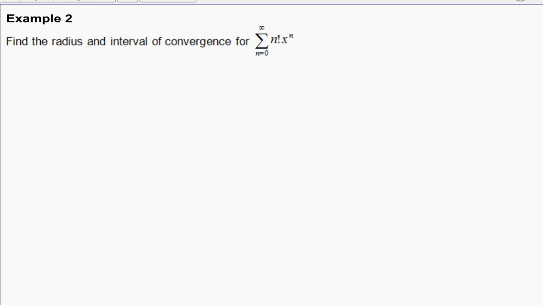All right. Example 2. Find the radius and interval of convergence of this series. So we are going to use the ratio test.